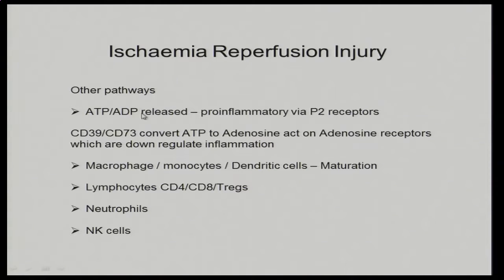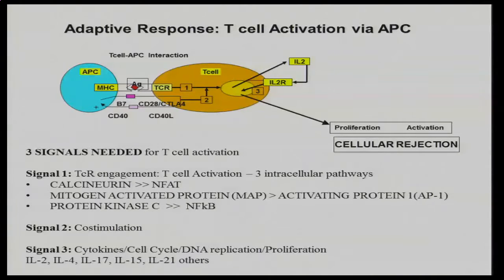So these are protective and these are pro-inflammatory. And they act through macrophages, lymphocytes, and even possibly regulatory cells, neutrophils and NK cells. So these are the pathways that are important in ischemia reperfusion injury.